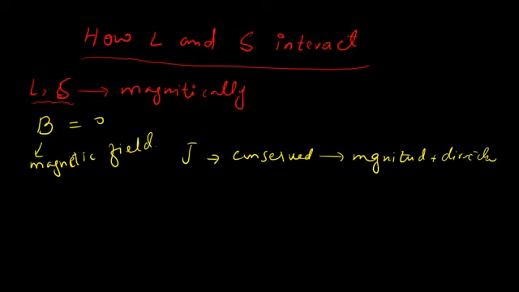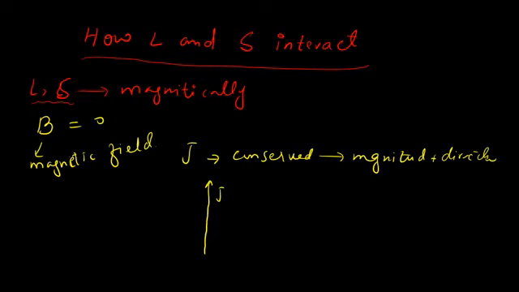The effect of this internal torque is the precession of L and S around J. Let's suppose we have the total angular momentum vector represented by J. Here L will precess around J, and S will also precess around J.